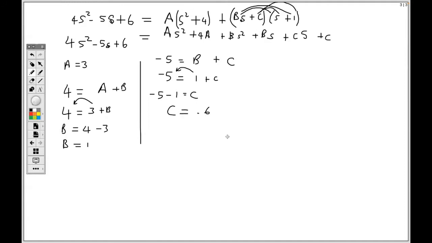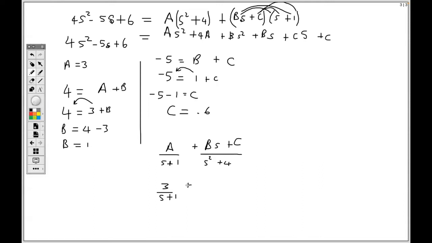So that means I have the answer. What are a, b, and c? I'm going to substitute them. Remember what I have here is a over s plus 1 plus bs plus c all over s squared plus 4. Now I know the value of a. A is 3, so I substitute it to have 3 over s plus 1.